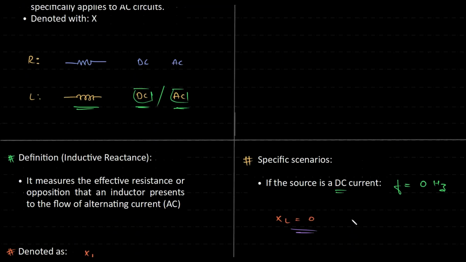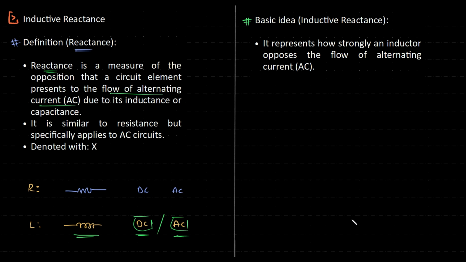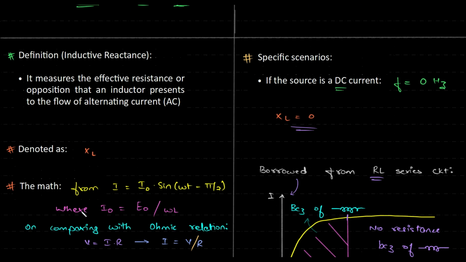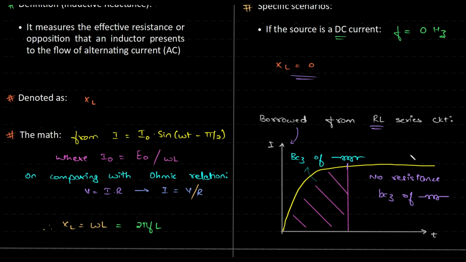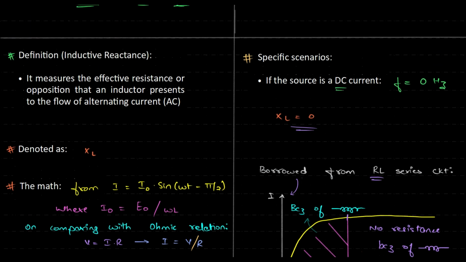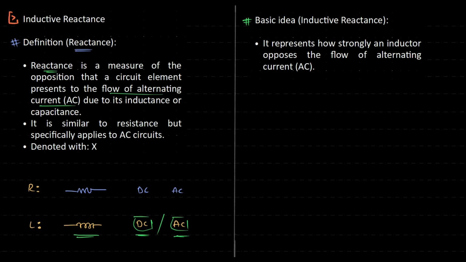So what we just learned was the weird behavior offered by our inductor to AC current. When it comes to DC, it's a simple straightforward scenario: a gradual increase and flattening out, and the inductor acts as if it's not there. But when it comes to AC, the behavior is different. It offers some kind of resistance to whatever is happening in the circuit because of AC, and that is given a special name called reactance.